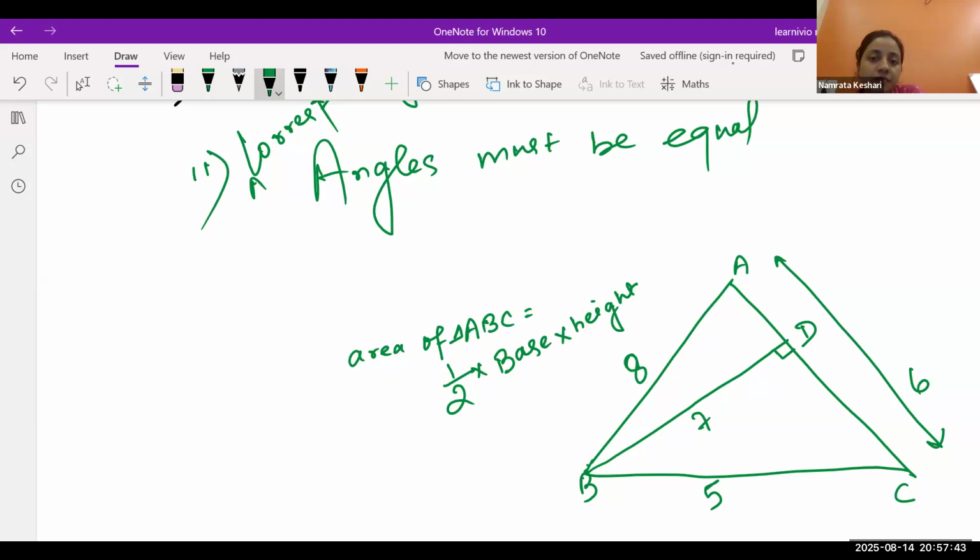Ma'am, AC is the base, BD is height. Exactly. The perpendicular which is dropped, that is the height. BD is the height, and the height is getting dropped on the side AC. So this is the base.